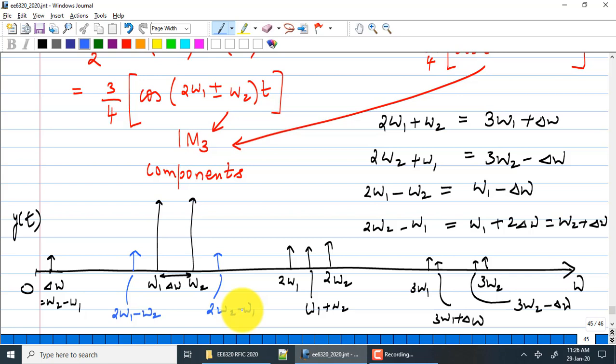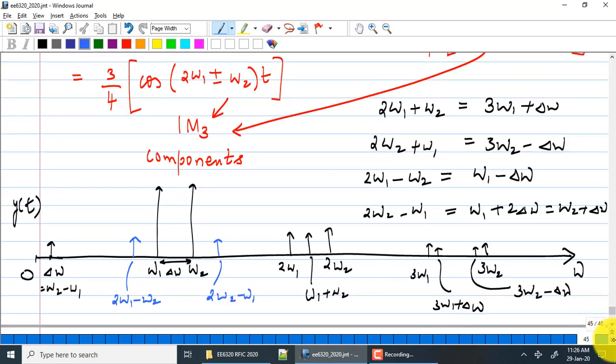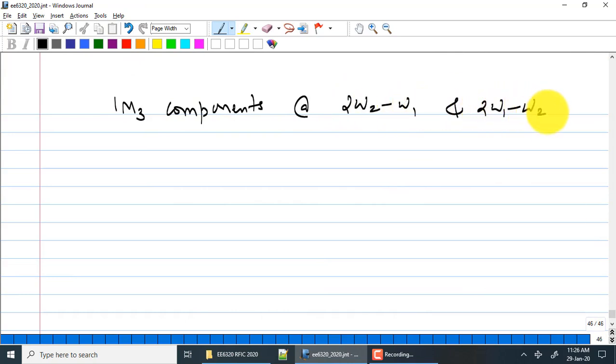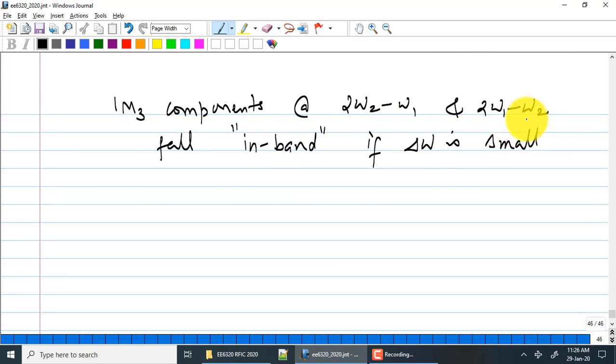So the IM3 components fall in band if your delta omega is small. Make sense?